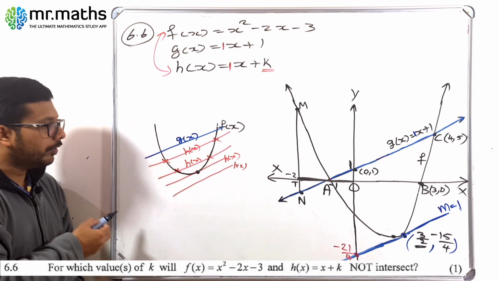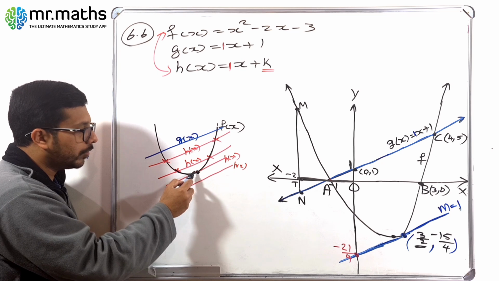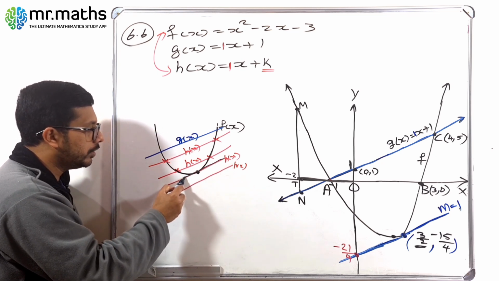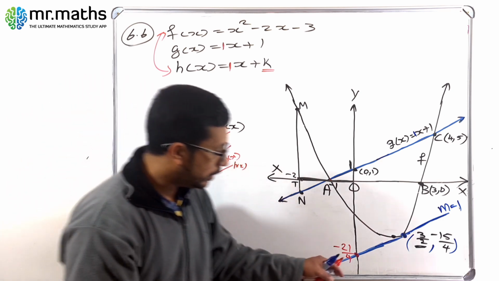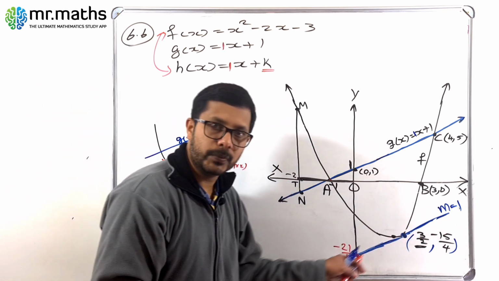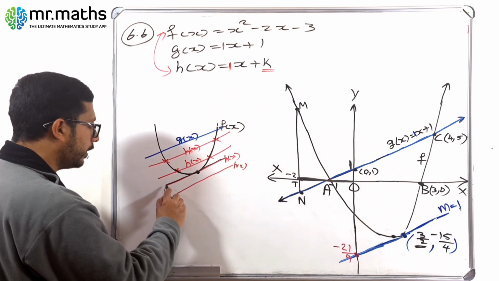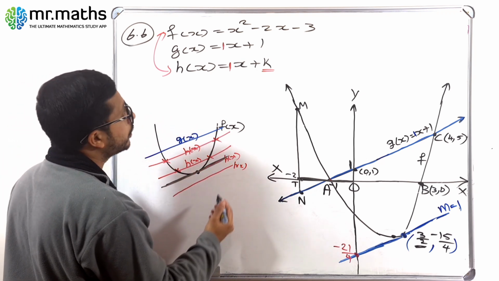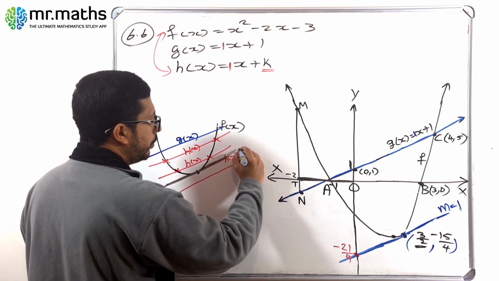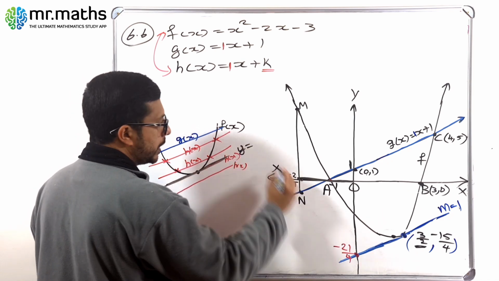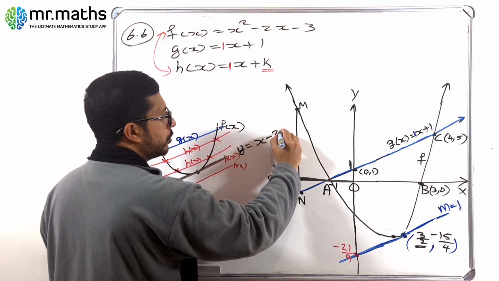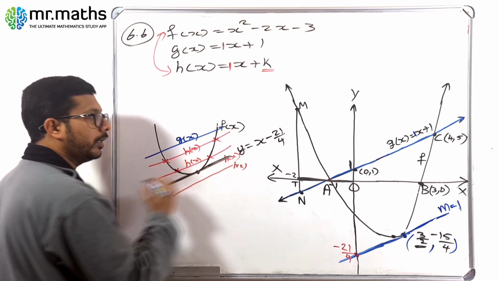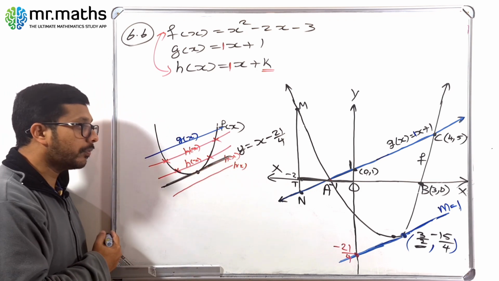Okay, so we already know the equation of this tangent. Is it not our g of x, this tangent line? What is the equation of that, this one? What is the equation in the previous question? In the previous question we got that equation as y is equal to x minus 21 over 4, that tangent, this one. Okay, so here what is the y-intercept?